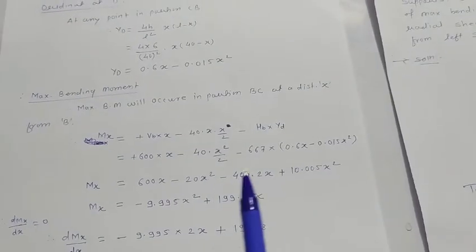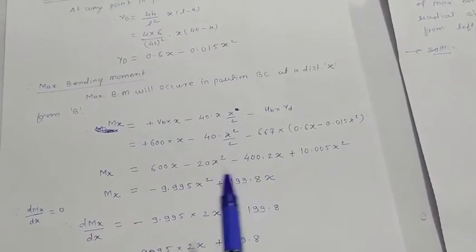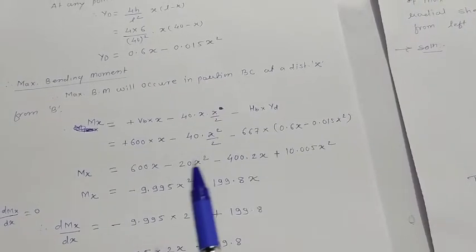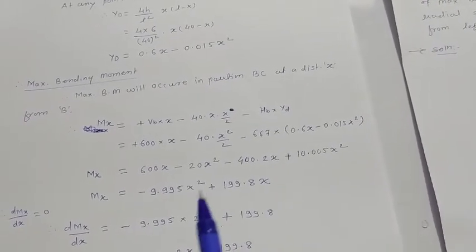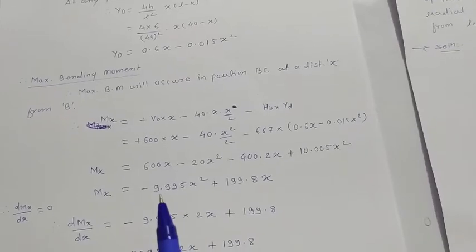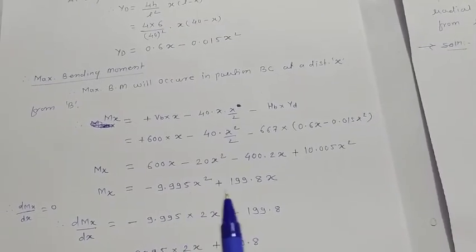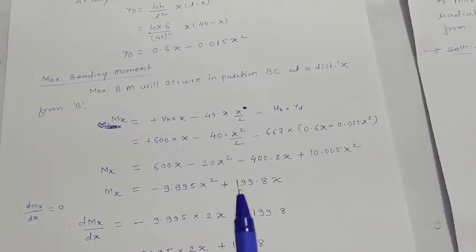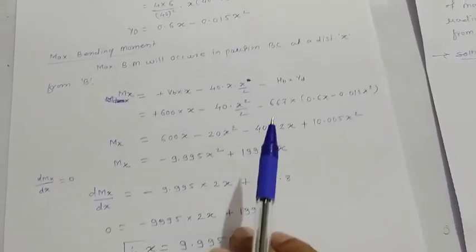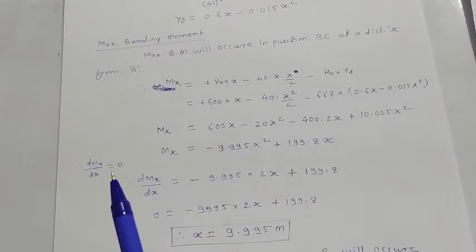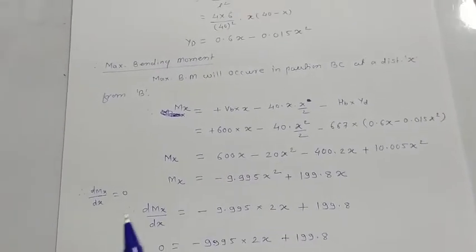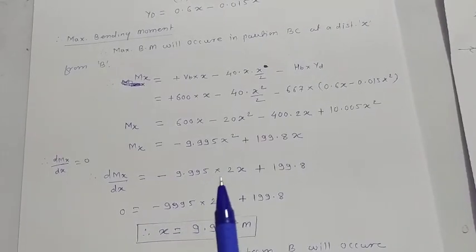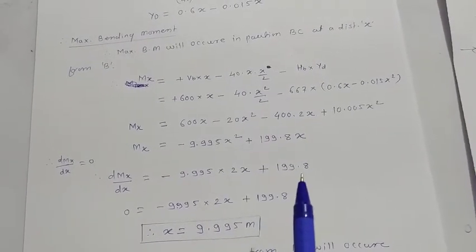Okay. So first multiply 667 with this bracket, and if you solve this, you will get it in terms of x square and x. So Mx becomes minus 9.995 x square plus 199.8 x. Now, if you differentiate the value of Mx with dx, this equation becomes 9.995 into twice x plus 199.8.